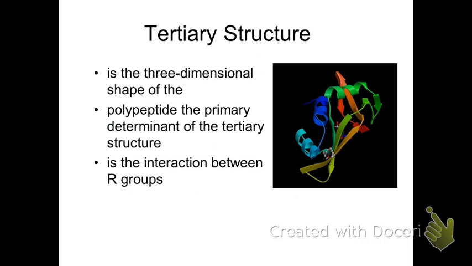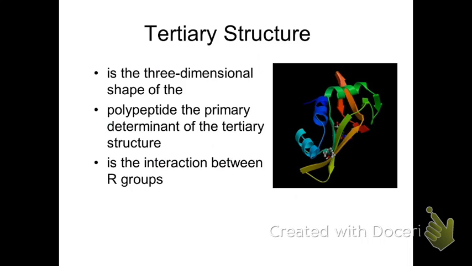Alright, now, after we begin to fold our protein into secondary structures, then we begin to make our final protein folds into our three-dimensional structure. The final folds of the protein is in the tertiary structure.